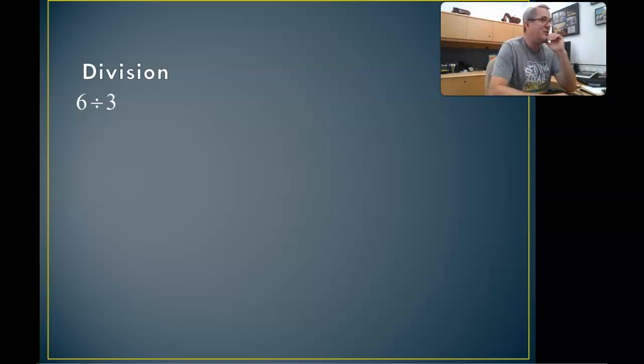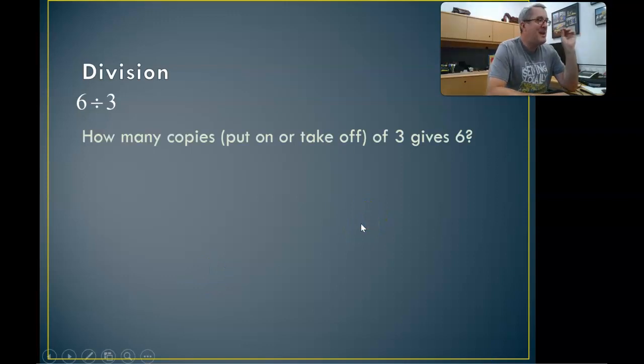But here's how it might look with your manipulatives. How many copies of 3 give 6? Since we just got done with multiplication, I'm going to take us back to the primary way of thinking about multiplication.